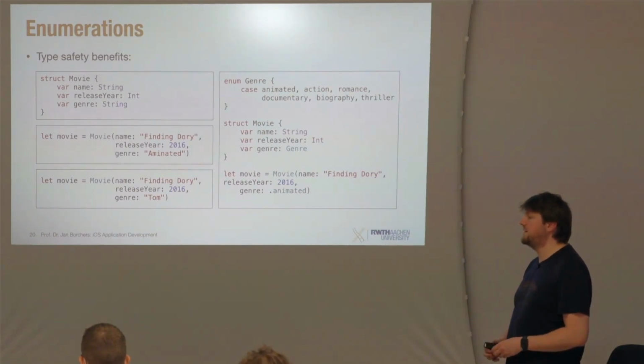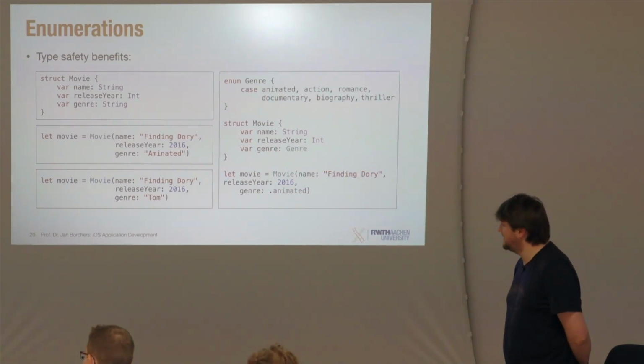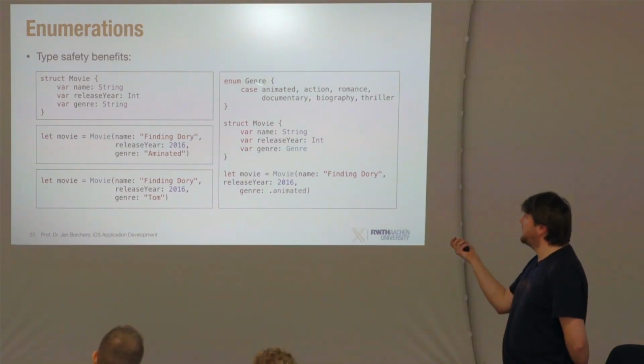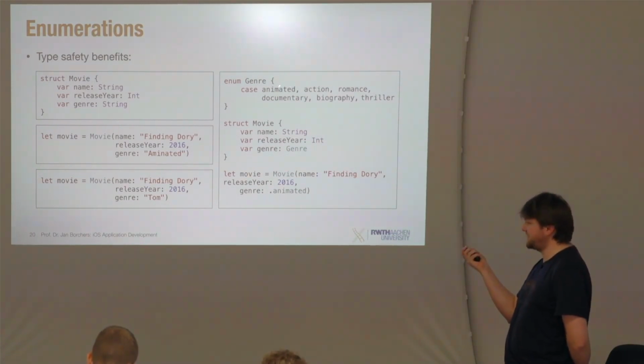You can basically say that the genre is of type Int, for example, and you can say case animated equals 1 and then just continue. Then you can say genre.animated.rawValue and you get the 1. So when you define the enum, you specify from what number it should start counting.